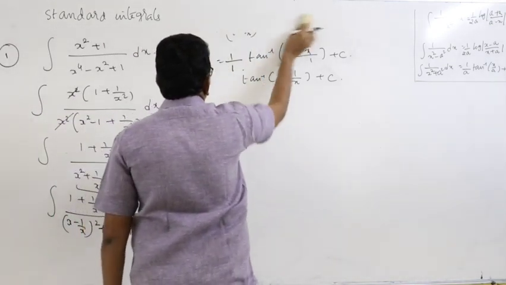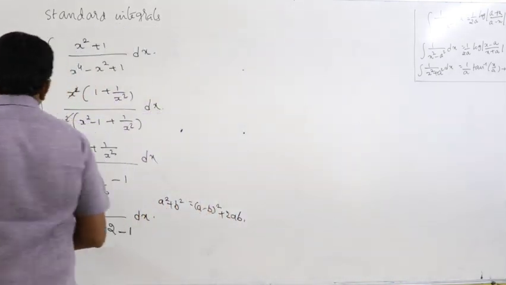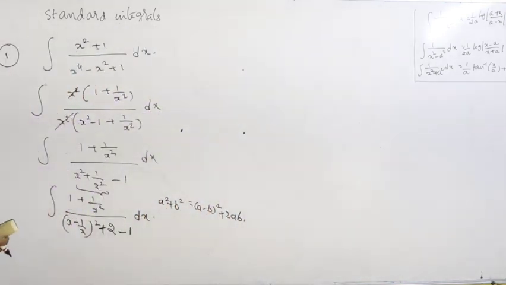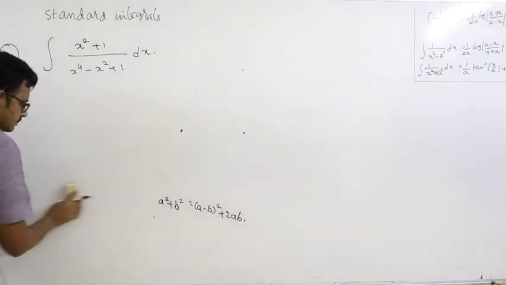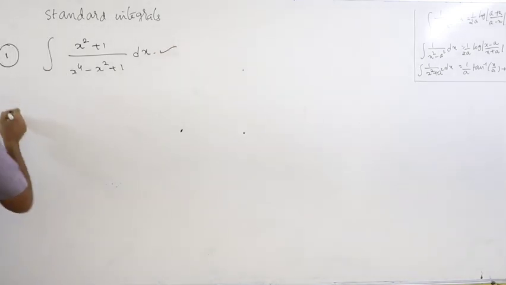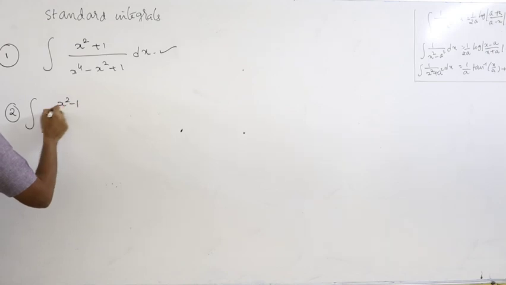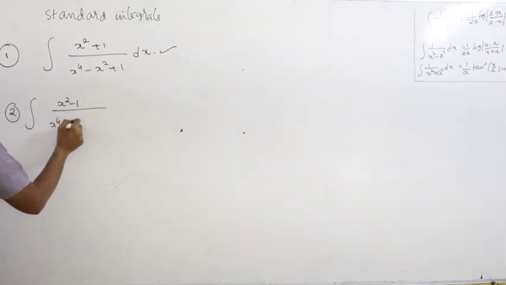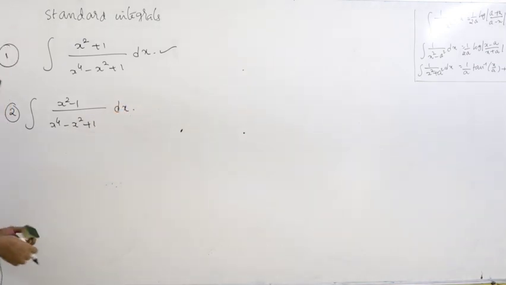Okay, the next problem. Integral x square minus 1 by x power 4 minus x square plus 1 dx.